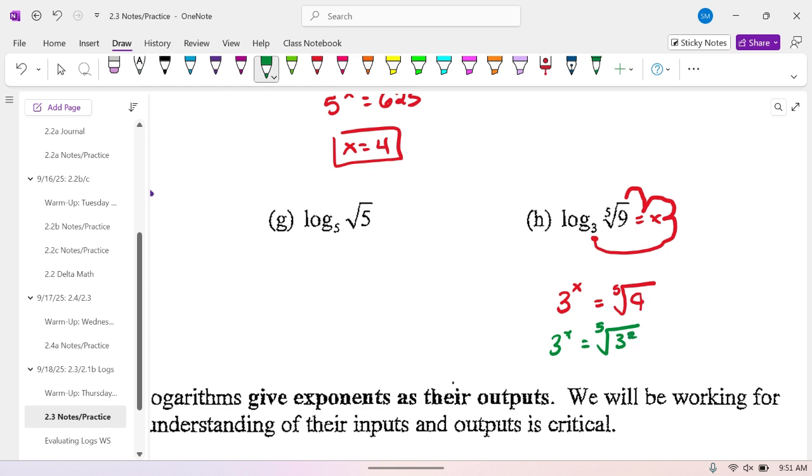Now, remember, we can convert a root to a fraction. All right? Meaning, if we take the root number that's listed, that little number here, that's what our denominator is. Our numerator is the exponent that's underneath the radical. So this would be exactly the same as 3 to the x is equal to 3 raised to the 2 over 5.